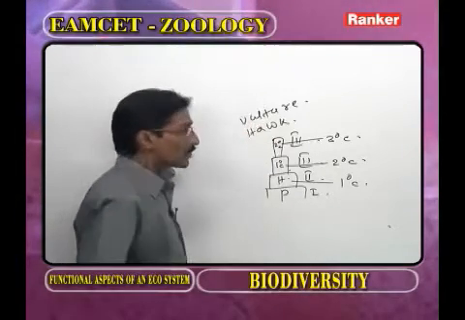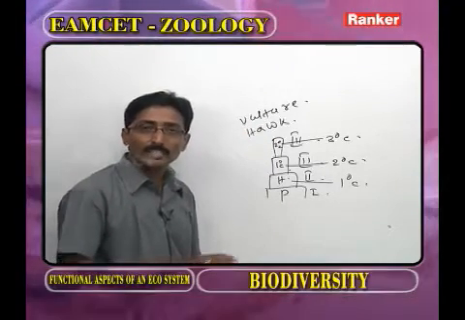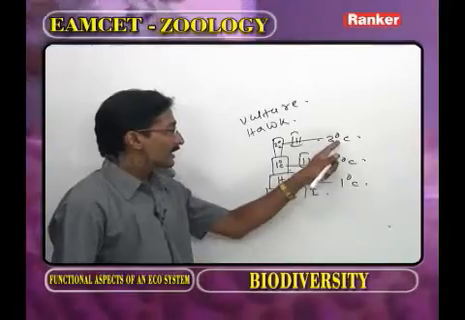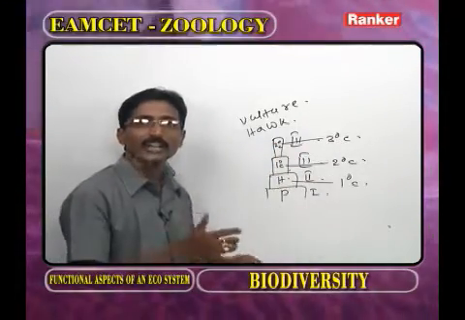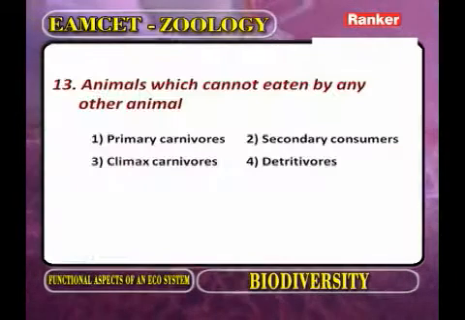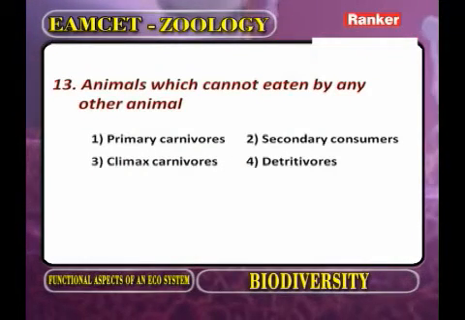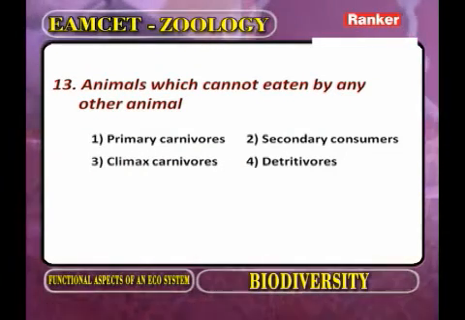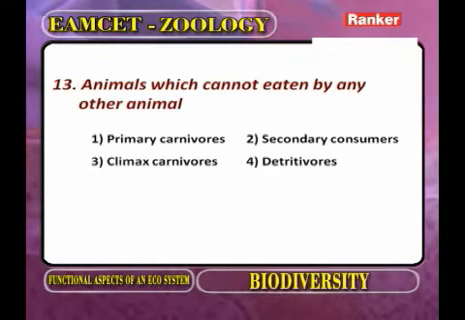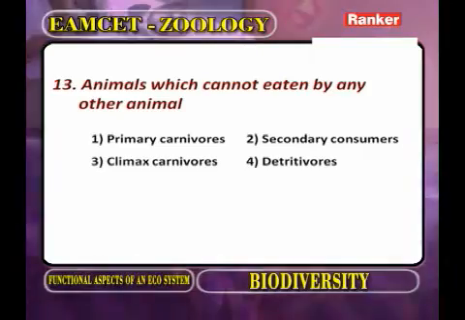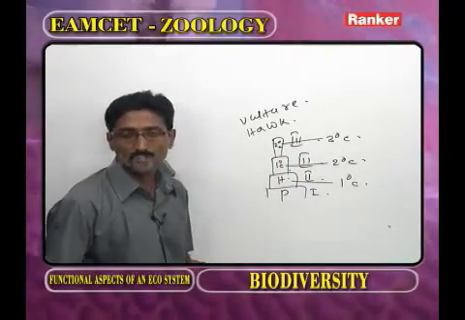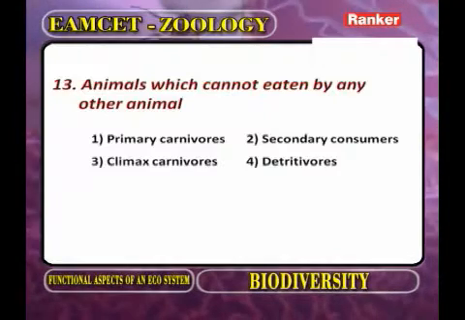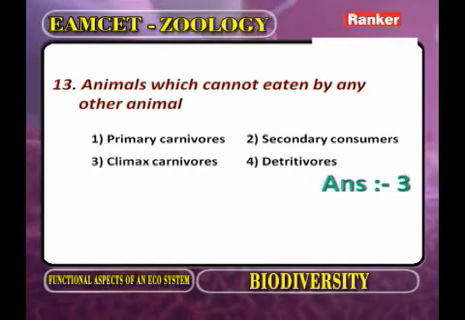So in a food chain, the organism not eaten by other animals is the tertiary consumer, also called the secondary carnivore or climax carnivore. The options are: primary carnivore, secondary consumer, climax carnivore and detritivore. What is the climax carnivore? The tertiary consumer, also called the secondary carnivore. So the correct answer for this question is the third option. Now we go for the next question.